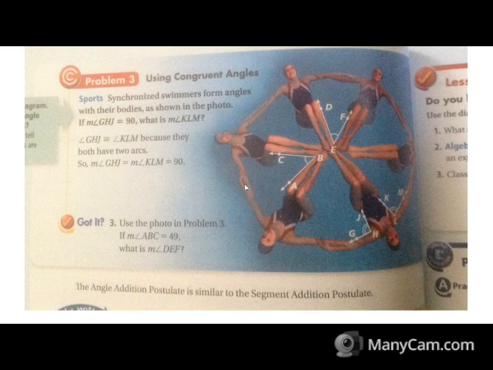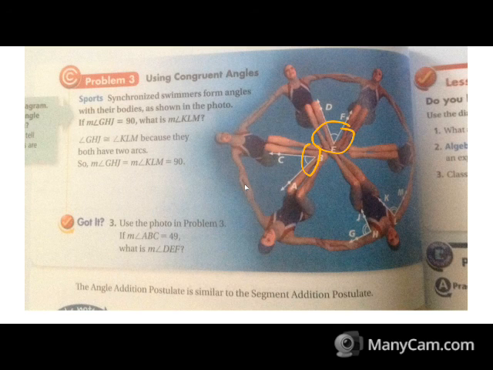Alright, problem 3. Synchronized swimmers form angles with their bodies as shown in the photo. If the measure of angle GHJ is 90 degrees, what's the measure of angle KLM? You see these tick marks here? Since that's one tick mark, if there's another angle with one tick mark, that means these two are congruent.